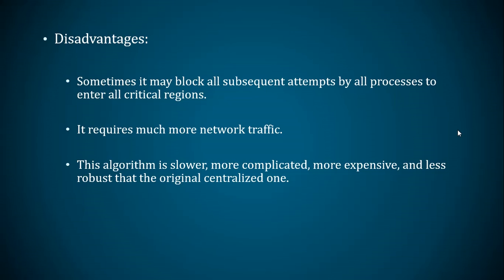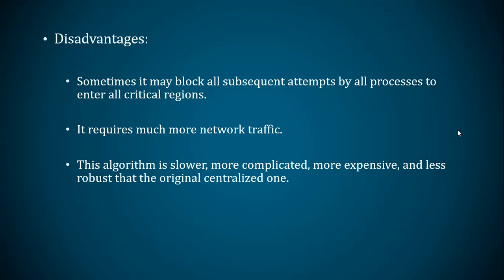Now let us discuss what are the disadvantages of this algorithm. So first one is, if any process crashes, it will fail to respond to request. This silence can be interpreted as denial of permission, so sometimes it may block all subsequent attempts by all processes to enter all critical regions.